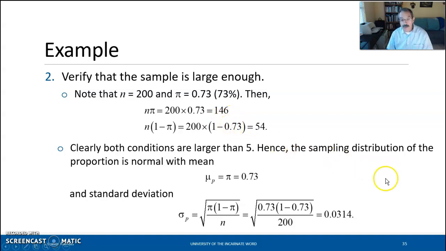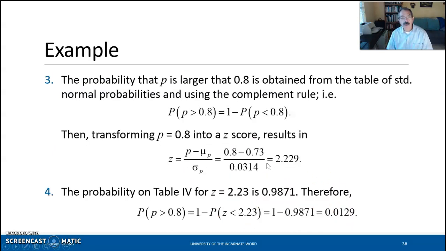So then we can say that the sampling distribution of the proportion is normal with a mean of 0.73 and a standard deviation, calculated in this way, of 0.0314. So now, given this information, we can proceed to calculate the probability that more than 80% of the travelers said that they prefer location when selecting a hotel.